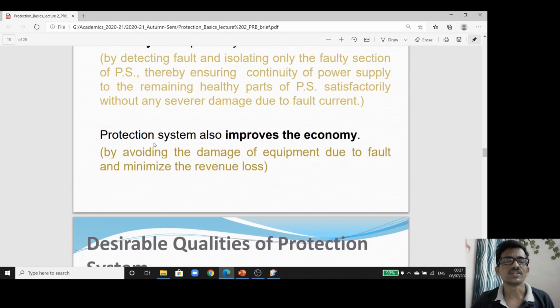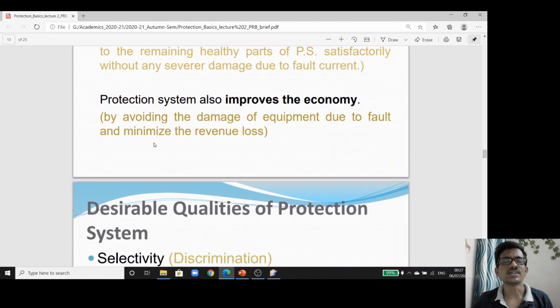So the very first desirable quality of a protection system is selectivity, that is, discrimination. The very first essential feature that your protection system must have is selectivity. How can we explain selectivity? As we know, our power system is spread over a large area. Suppose a fault occurs at one location, in a substation of Shegao city. Then what is expected of the protection system?